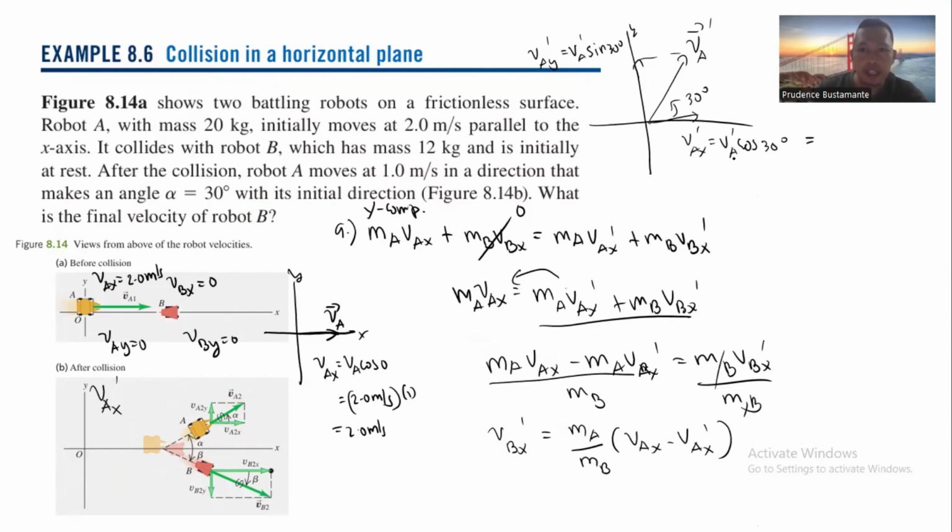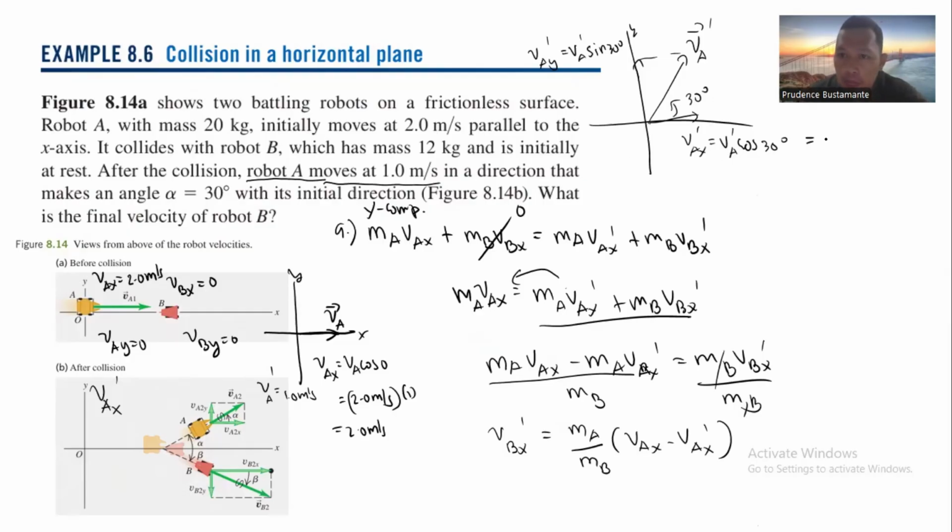So what is this? What is VA? What's the magnitude of VA? So robot A, our VA prime here is 1.0 meters per second, and it moves in the direction that makes an angle of 30 degrees.